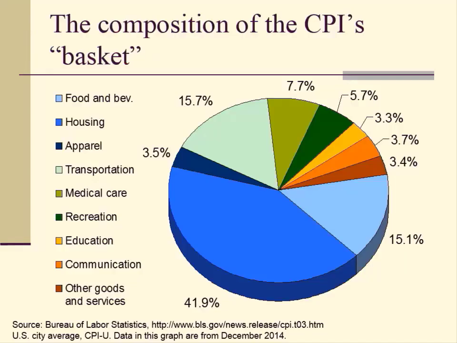This pie chart shows the composition of the CPI's basket, and each number is the percent of the typical household's total expenditure. This data was based on BLS data from December 2014.